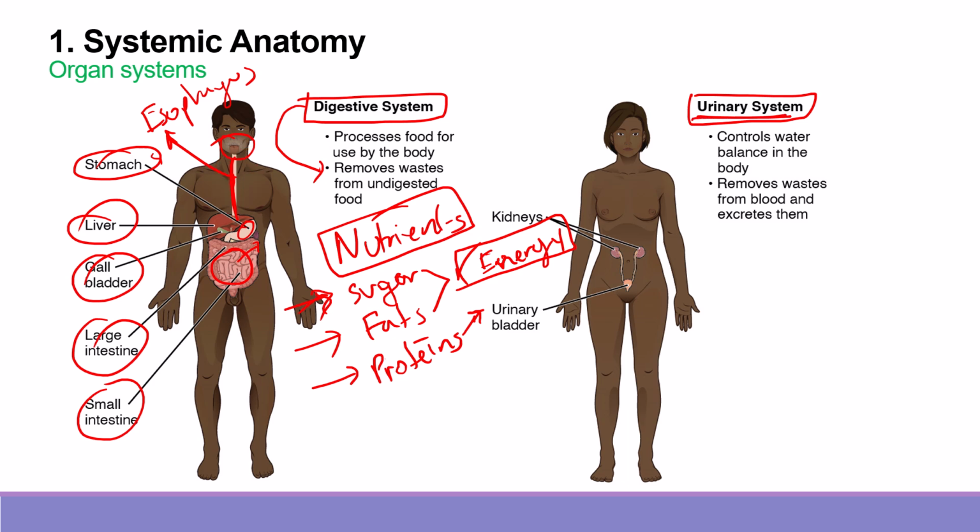The urinary system is composed of the kidneys, ureters, which are two little tubes that come from each kidney and connect the kidneys to the urinary bladder. Urine that is produced by the kidneys can be stored in the urinary bladder.